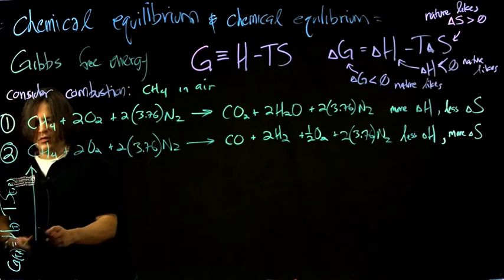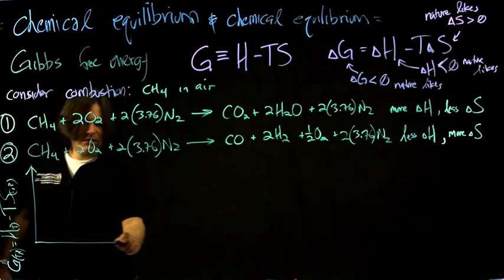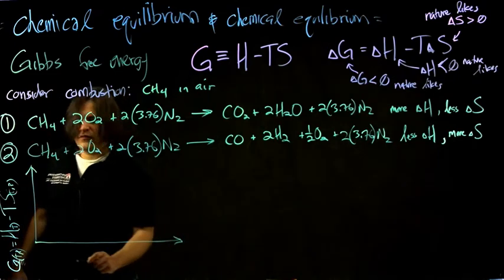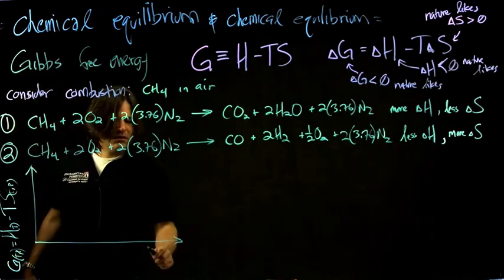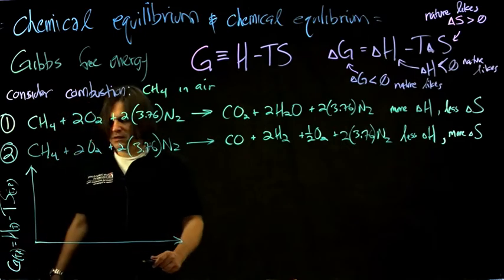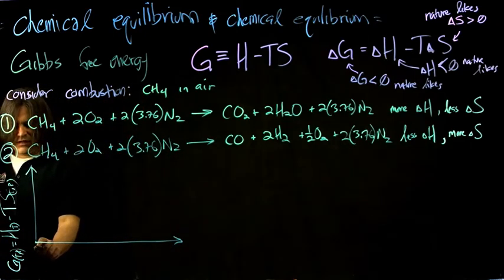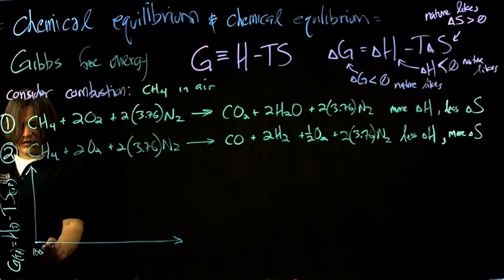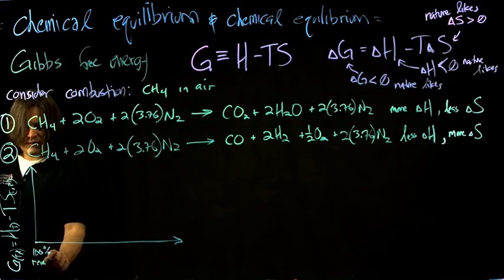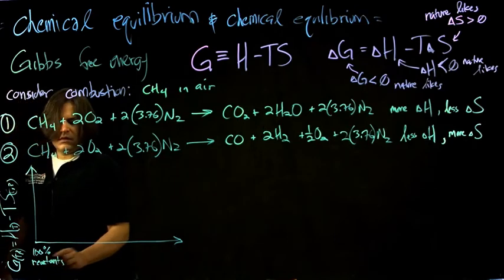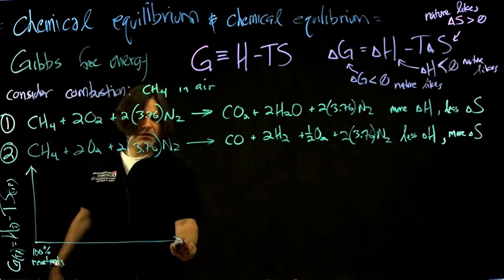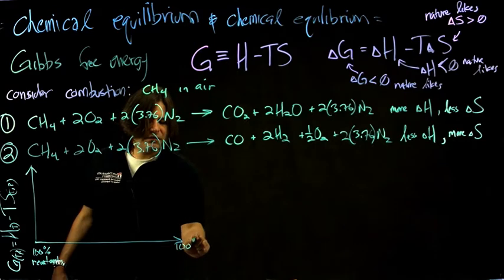So this is a chemical reaction, so it changes as you go from reactants to products. So what we're going to say is on this axis, the origin, you're going to say that there's no reaction yet. It's 100% fuel air, 100% reactants. Here, it's 100% products.